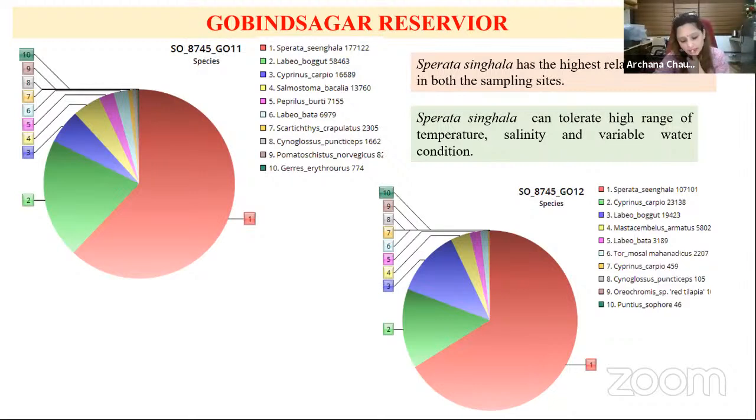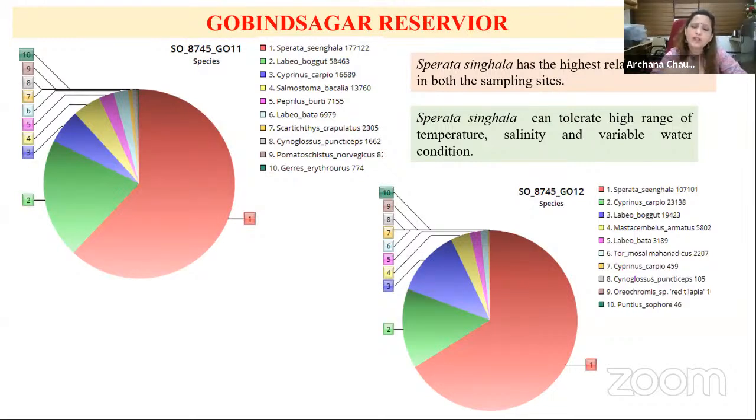The first that we can generalize is that in the different sampling sites within the Gobind Sagar Reservoir, there is a different distribution of the indigenous and the exotic fishes within the reservoir itself.